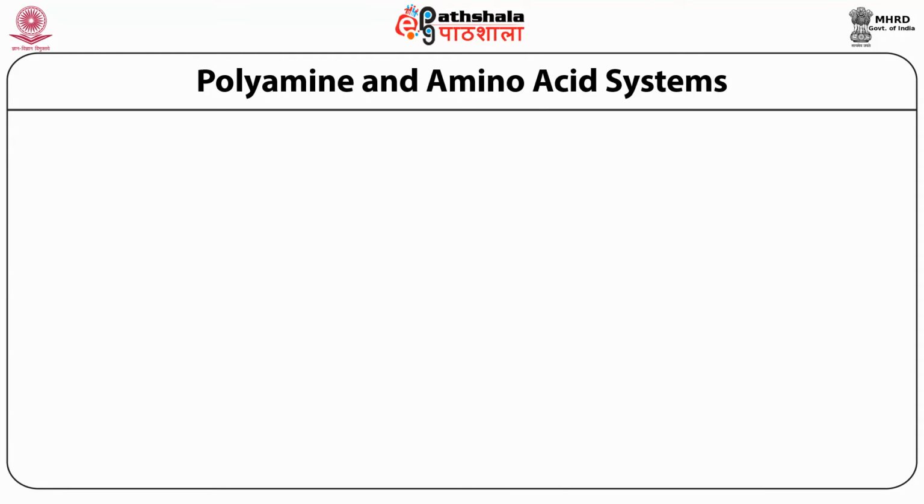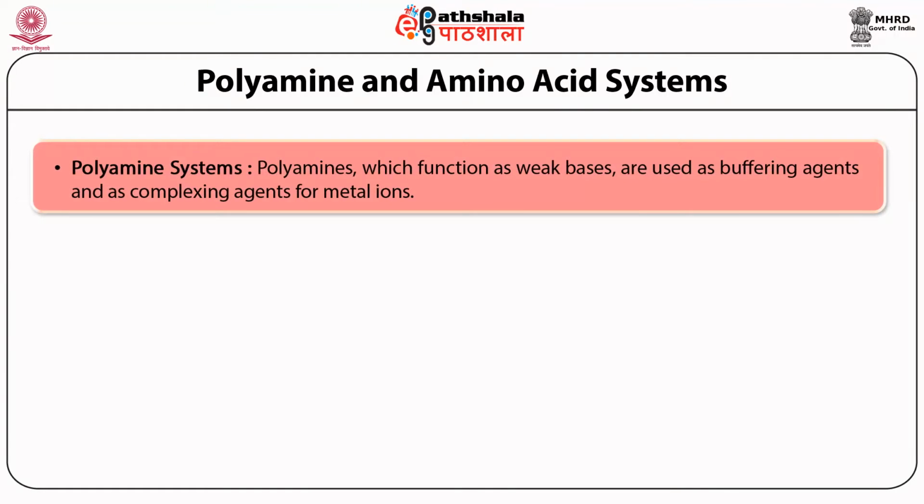Another very important polyprotic system is polyamine and amino acid systems. Polyamines, which function as weak bases, are used as buffering agents and as complexing agents for metal ions. Because they contain a lone pair of electrons on nitrogen, they are frequently used as complexing agents for metal ions.